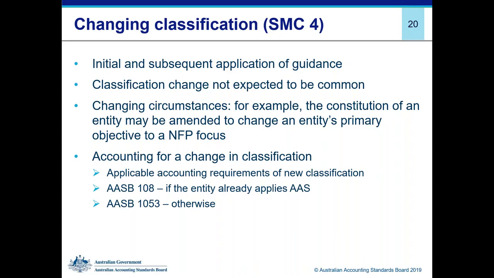One is where this is the first time adoption of Australian accounting standards, and the approach in that case is to apply AASB 1. An alternative case under AASB 1053 is to reapply the accounting standards if in the past the accounting standards have been applied. And in this case, again, AASB 1 may be applied, or there is an option under AASB 1 in this circumstance for retrospective application per AASB 108.